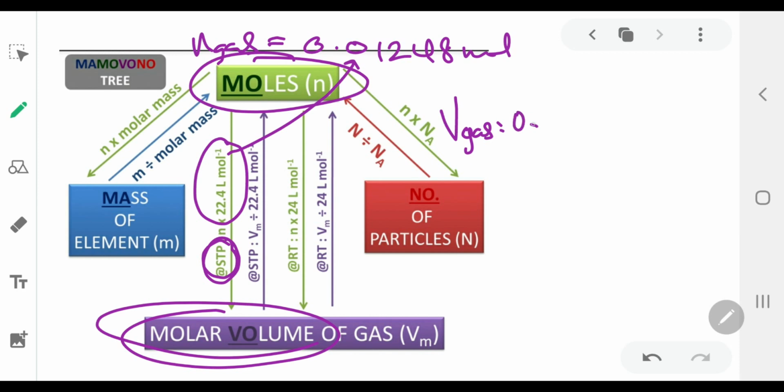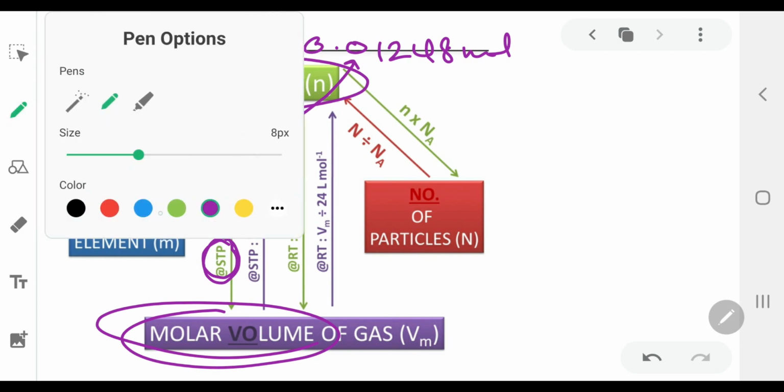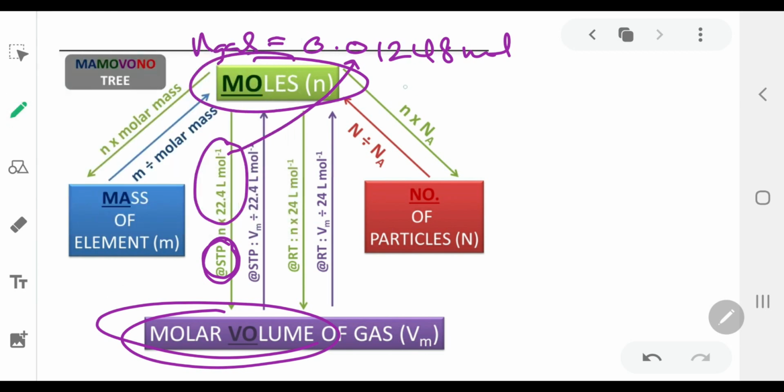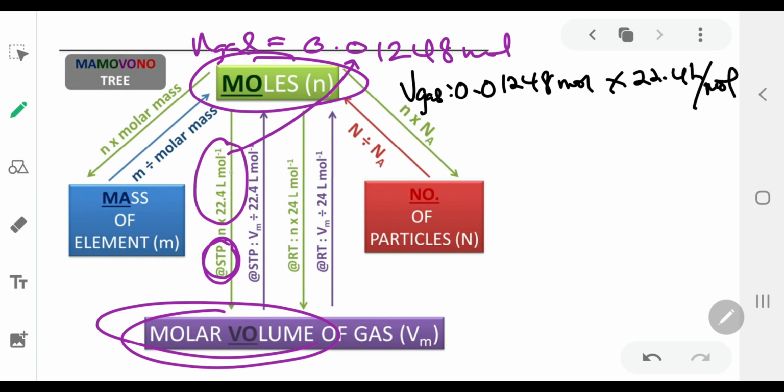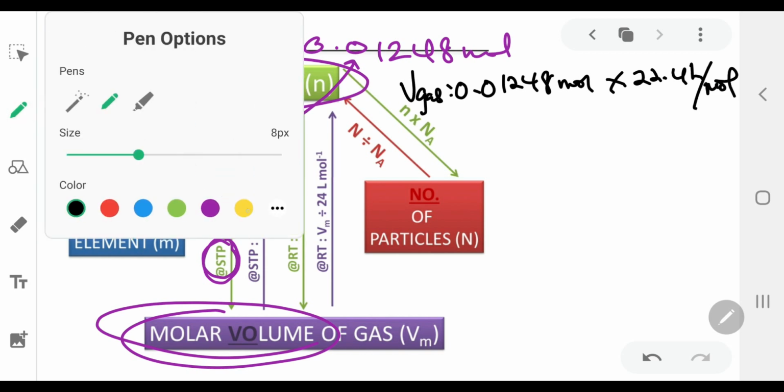So let's try. To find the volume of the gas, I'm going to take 0.01248 mole times 22.4 liter per mole.